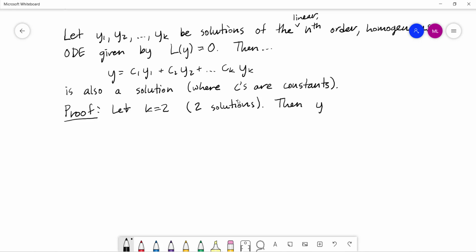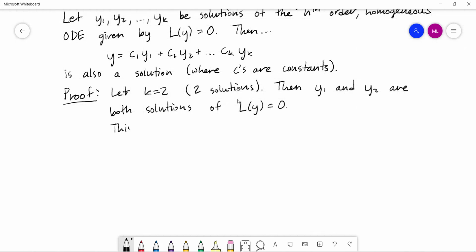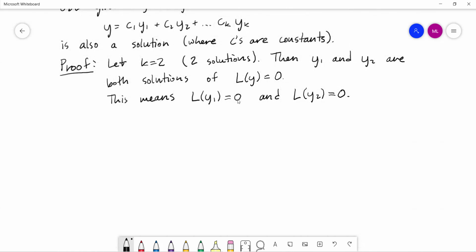Then what it tells me is that basically y1 and y2 are both solutions of L of y equals 0. What does it mean if they are solutions? Well, this means that L of y1 will be equal to 0 and L of y2 must be equal to 0. That's what it means for them to be solutions. So now let's consider the combination.